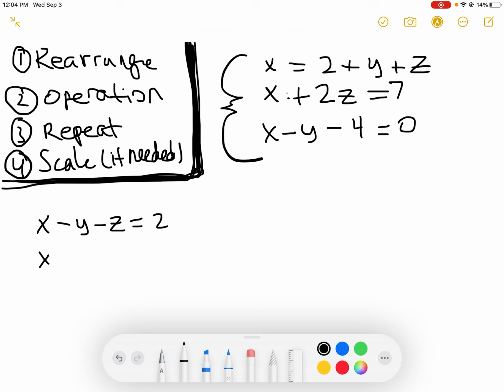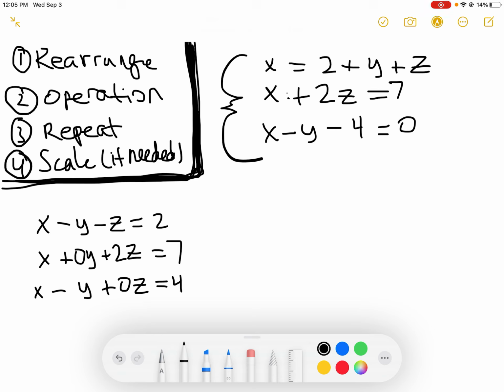For this one, we're going to put a 0y here because we want to make sure that we have a letter for all of them. This is going to make it a little bit easier. Then the 2z remains, and then the 7 remains. And then this one, we're going to add a 0z and add the 4 to the other side.